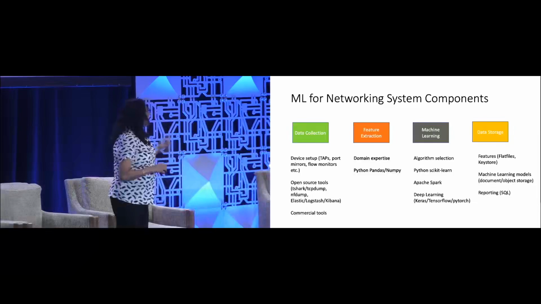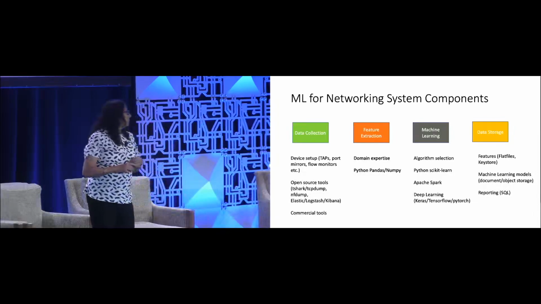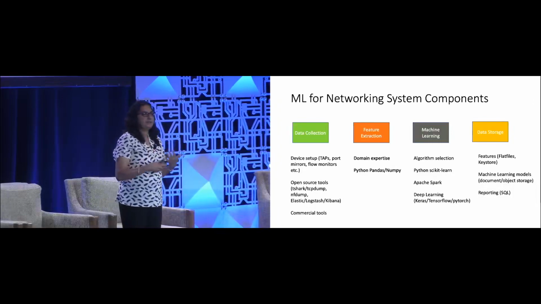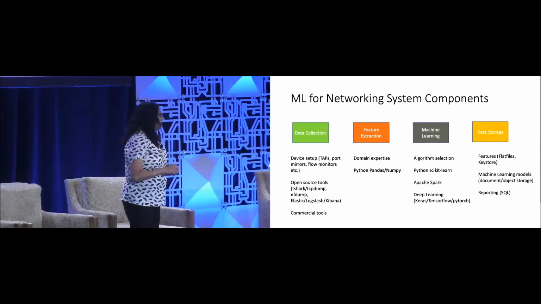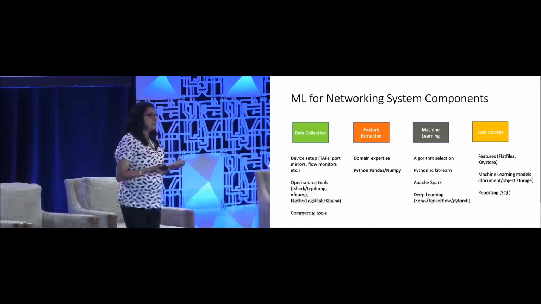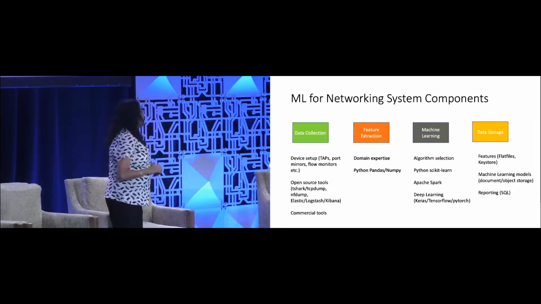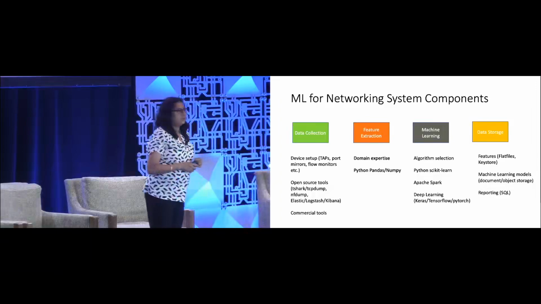We used Python, pandas, and NumPy to do a lot of the data pre-processing, munging, and getting features. There are some commercial tools that do feature extraction, but most of them are very expensive and they don't really work that well for networking data. You could probably try it, but I don't know if it's very effective.